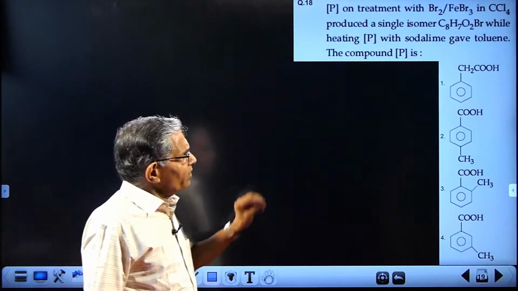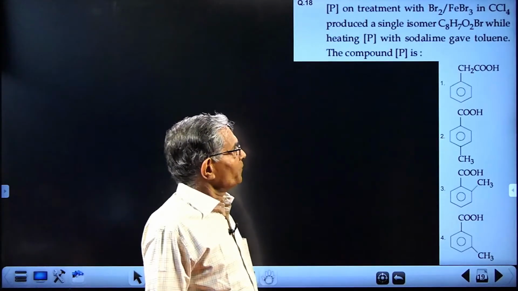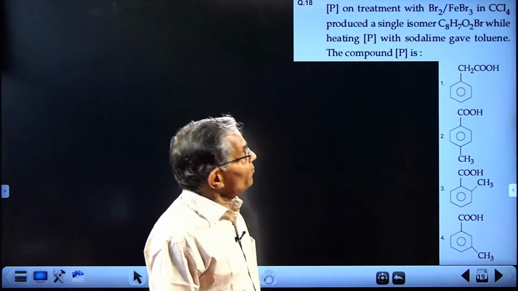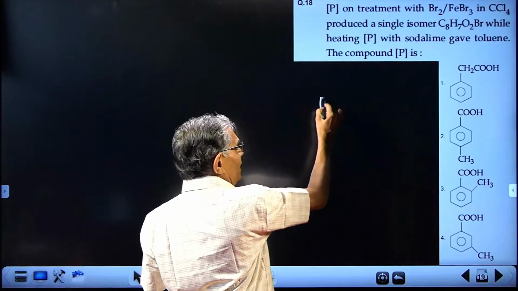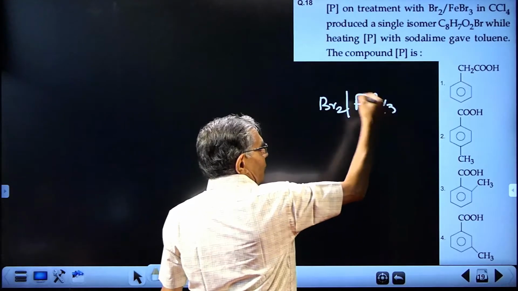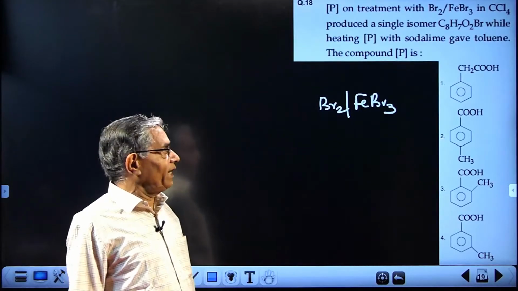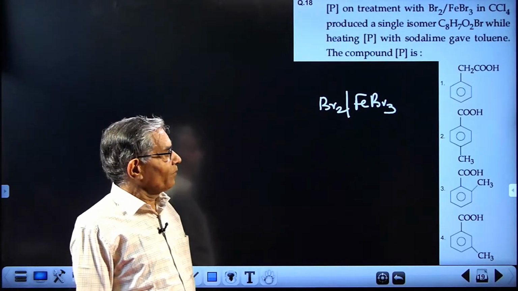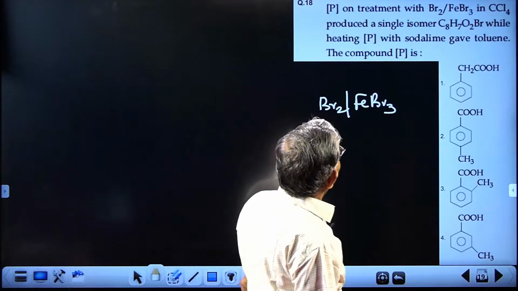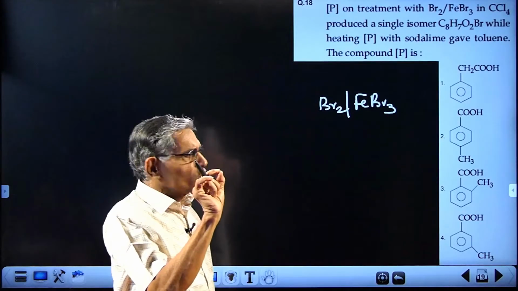18th question. Again a small question from second year. A compound P on treatment with bromine and FeBr3. See, bromine with FeBr3 is a standard reagent for aromatic electrophilic substitution. And on such a reaction, what is given is that it produces only a single isomer.